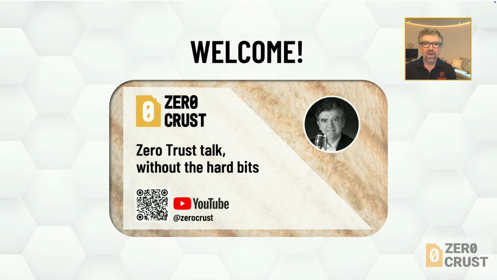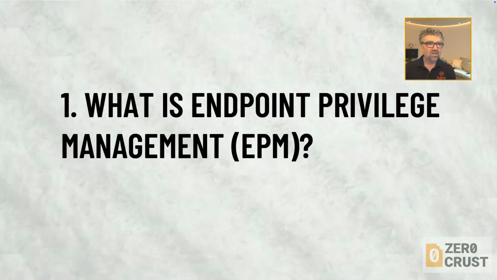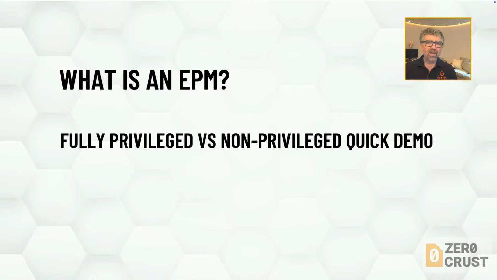So let's get into that first question, which is a fundamental one: what is endpoint privilege management, termed EPM? Endpoint privilege management tooling addresses the issue of either overprivilege or underprivilege on a user's endpoint, and that can result in either security or productivity challenges.